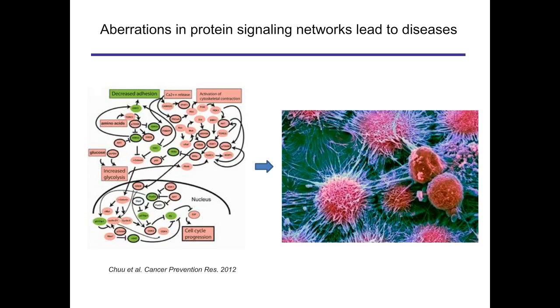And we used micro-Western arrays to understand the networks that were impacted by the addition of honeybee hive propolis or feeding to mice. And we studied their impacts on tumor cells.